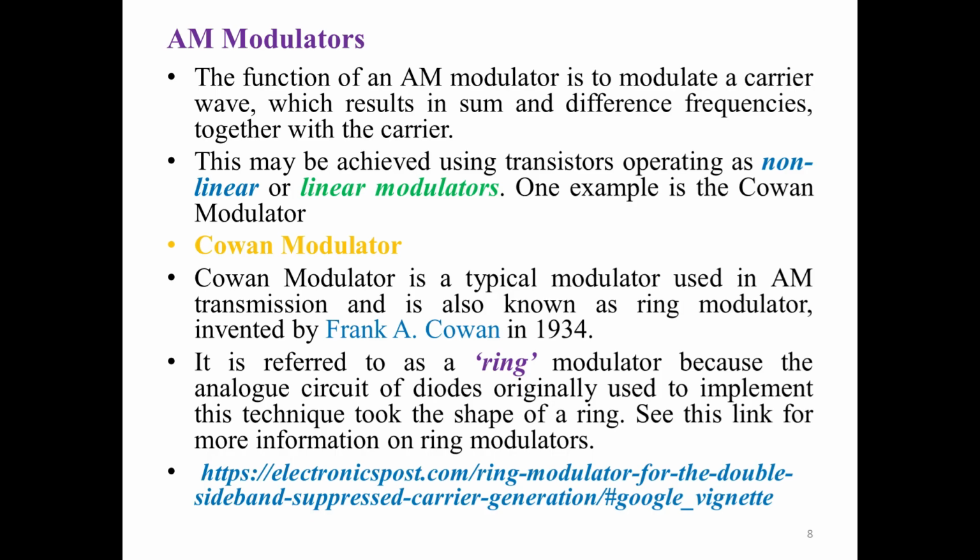It is referred to as a ring modulator because the analog circuit of diodes originally used to implement this technique took the shape of a ring. See this link for more information on ring modulators.